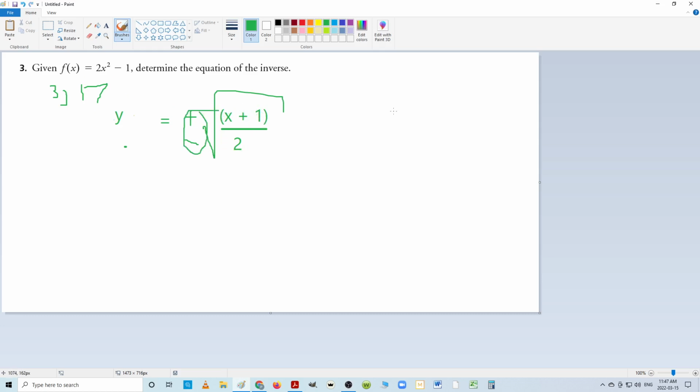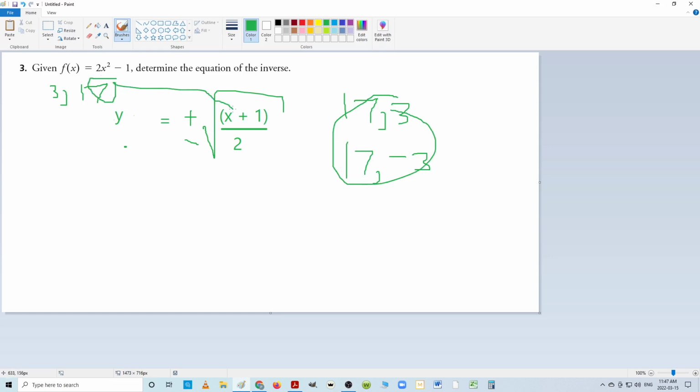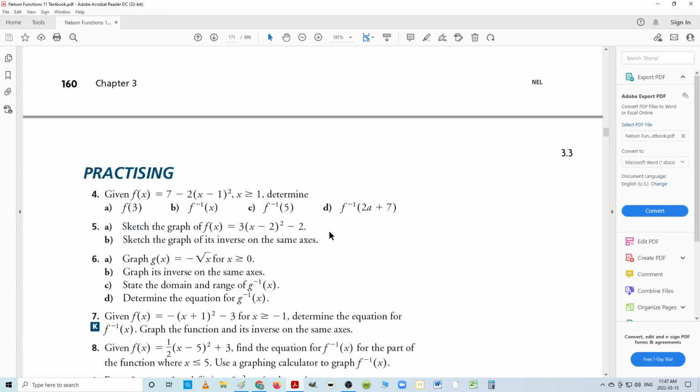Plus minus square root of 9. So I get the points 17 comma 3 and 17 comma minus 3. And so you can see when I put this point in here for x, it will spit out the y. So the x's and the y's have swapped. And that's how you know you did the correct inverse.